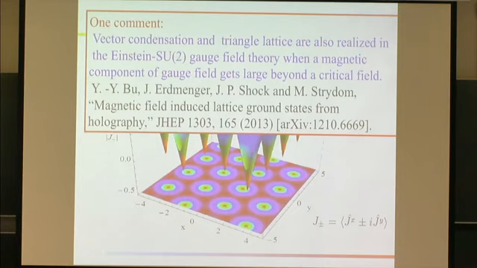But in this case, the magnetic field is not the electromagnetic one, but the SU(2) one. So in some sense, this model is like the gluon condensation in QCD theory. But the model behavior is similar, right?